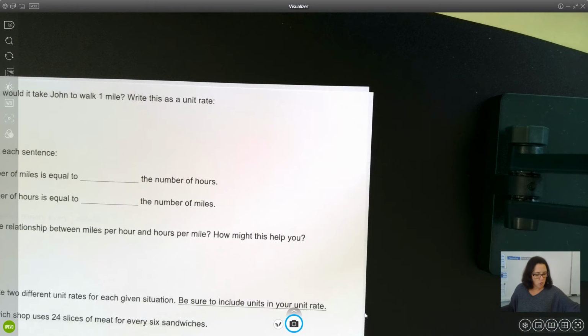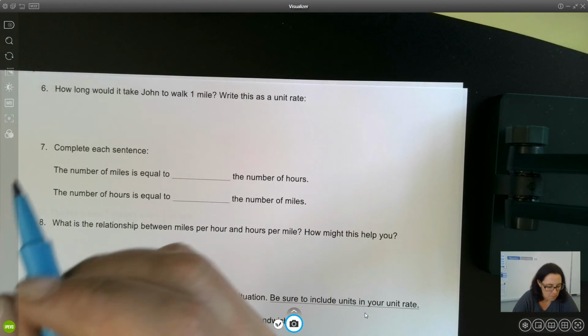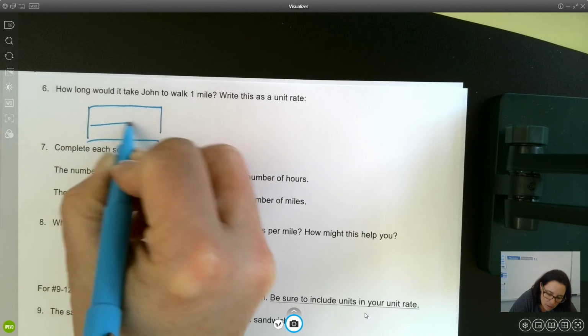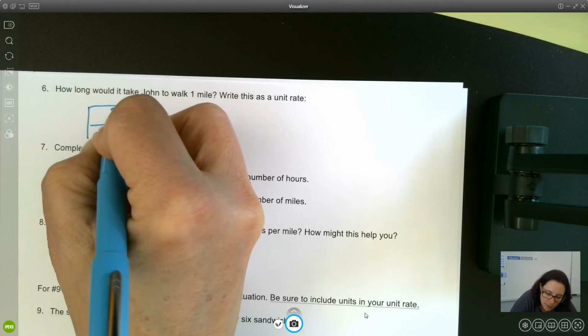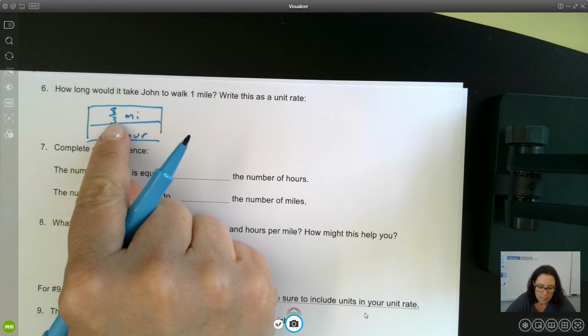How long would it take John to walk 1 mile? Okay, well, it says write this as a unit rate. So here are the two things that you need to understand for this problem. We just figured out that 1 hour is 8/3 of a mile. If we want 1 up here, wouldn't we multiply by 3/8, the reciprocal of 8/3?